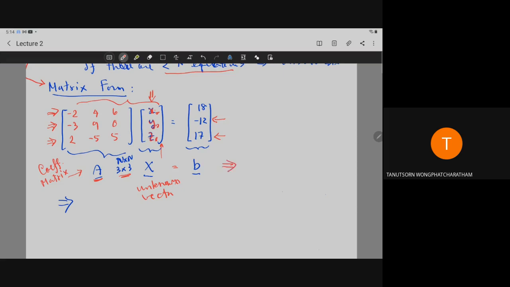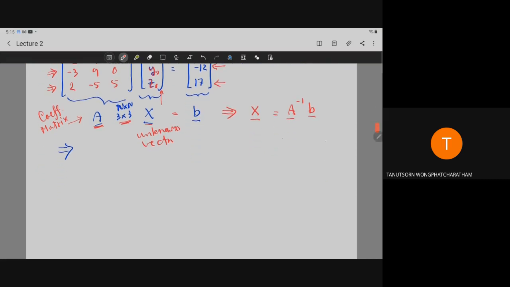We can solve for X equals what? Well, I can just multiply A inverse to the left-hand side of A and X. So I get X equal to A inverse multiplied with B. That's one way of doing it.